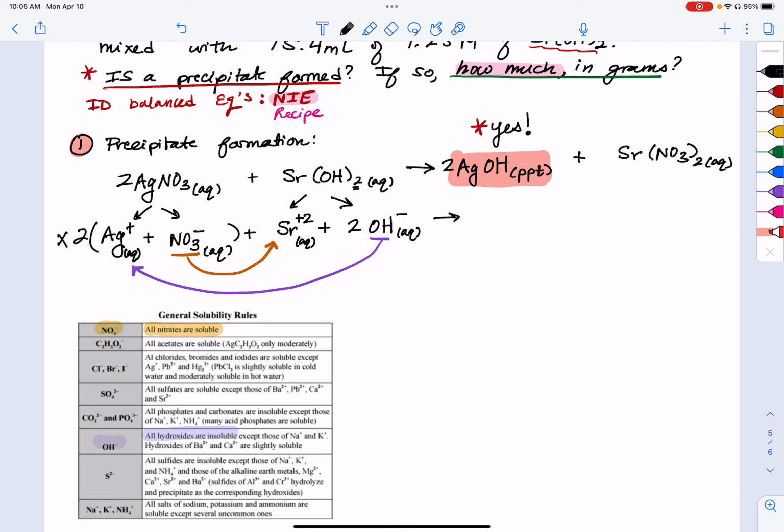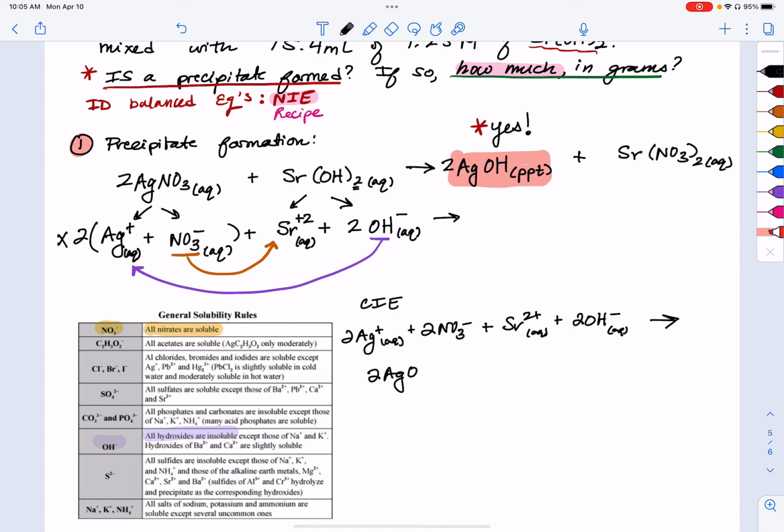All right, let's write out our complete ionic equation. So this is going to be 2 silver ions coming together in solution with 2 nitrate ions, with 1 strontium cation and 2 hydroxide anions to form 2 silver hydroxide solids.